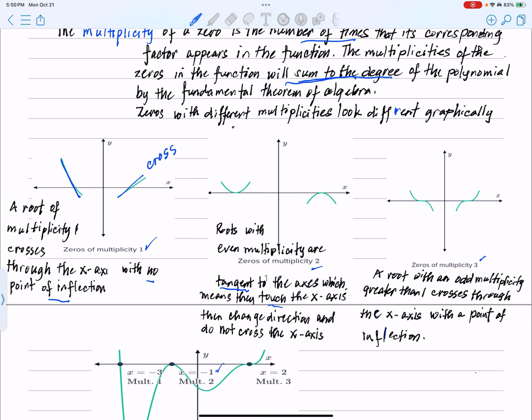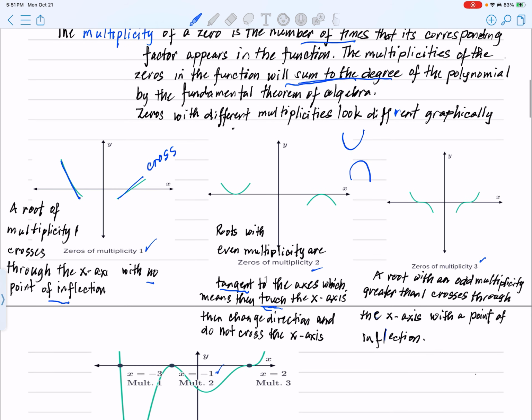With a multiplicity of 2, that usually happens when it's quadratic. So our quadratic graph looks like that, pointing down, or pointing up. Roots with even multiplicity are tangent to the axis, which means they touch the x-axis, then change direction, and do not cross the x-axis.